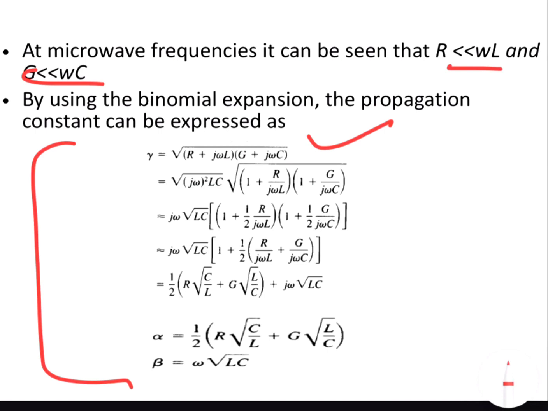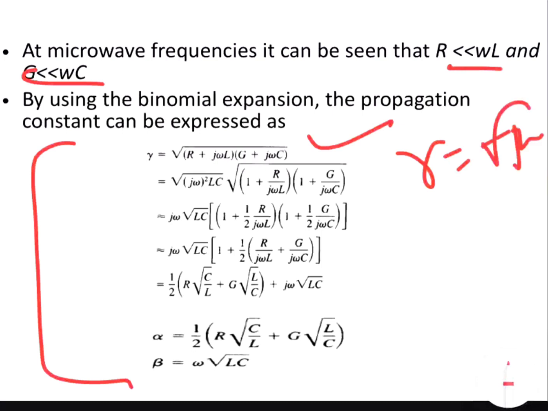Okay. So at microwave frequencies, it is observed that always the value of resistance R is very much less than omega L, and the conductance G is very much less than omega C. By using this, we can express the propagation constant gamma is equal to root of (R plus j omega L), that is, gamma is equal to root of Z into Y, right?